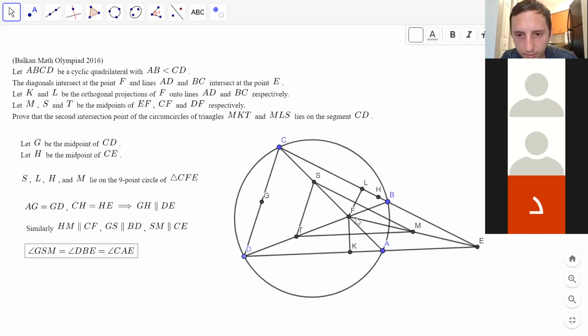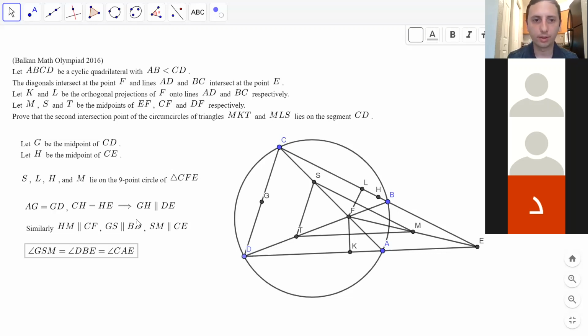All right, and CAE is... trying to remember how to do this. So, okay, we want to show that's GHM, right? So GHM. So GH is parallel to DE.